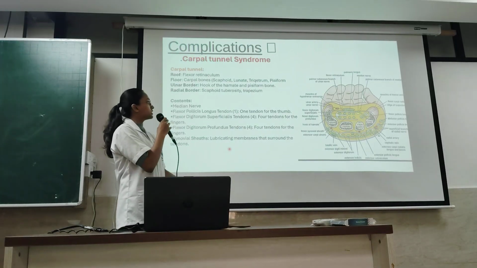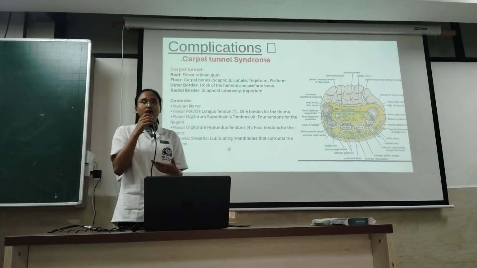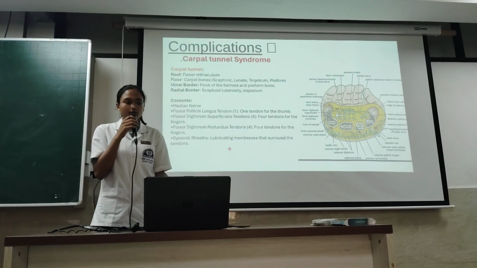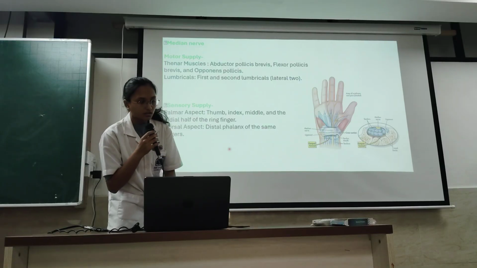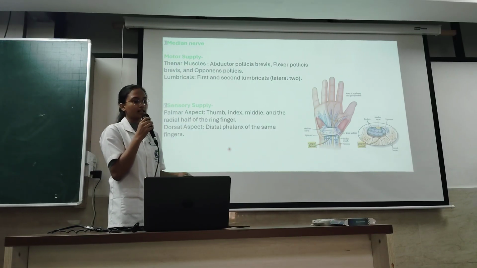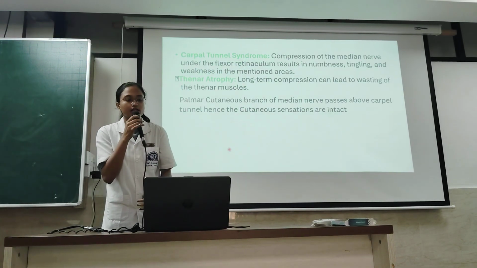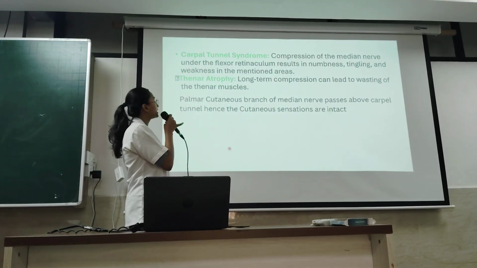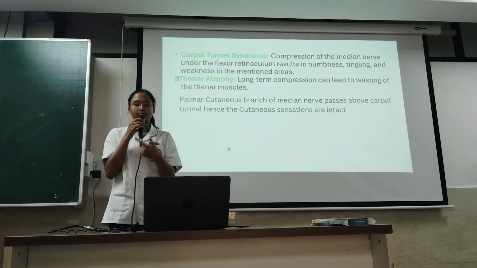As we all know, this is the carpal tunnel, and the roof, floor, borders and contents, we are all familiar with. What is more of a concern is the median nerve. The median nerve motor supply is for the thenar muscles and lumbricals, and the sensory supply is the palmar aspect and dorsal aspect. In carpal tunnel syndrome, there is compression of the median nerve under the flexor retinaculum, which goes from the scaphoid bone to the pisiform bone.